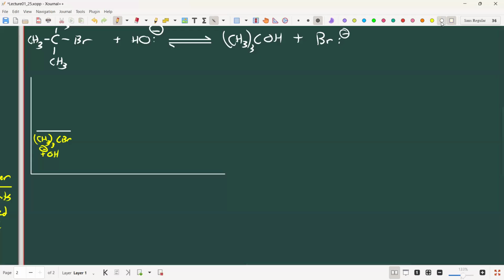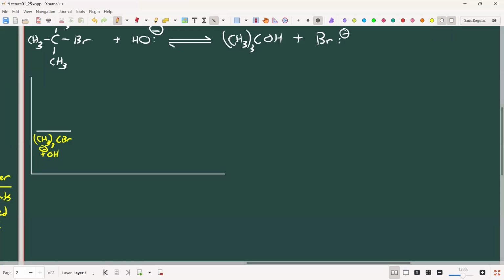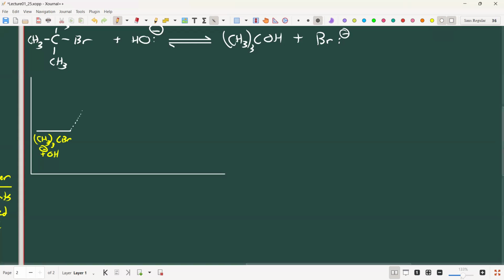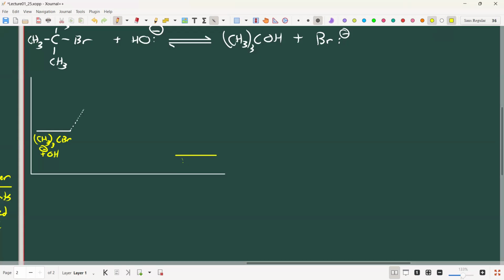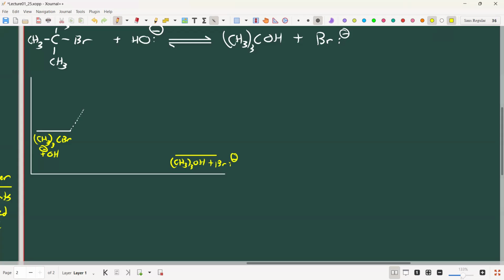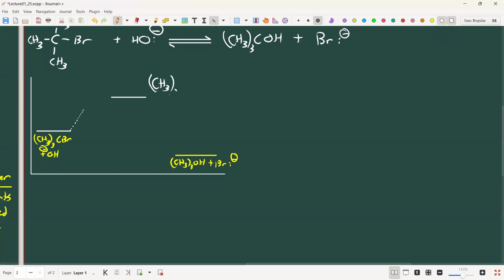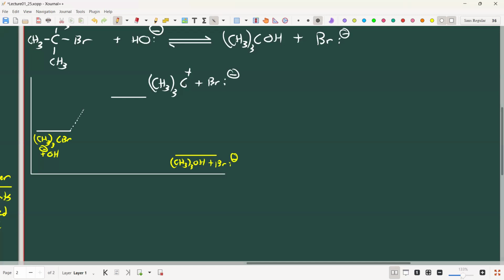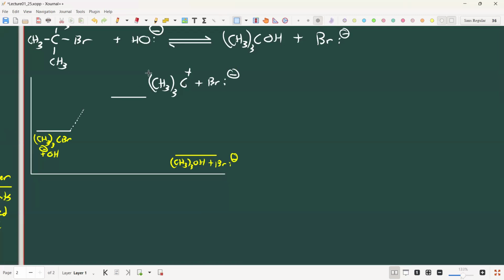And the way this reaction works is quite interesting. It turns out that we have some intermediate. Let me put the final state here. The final state is lower in energy, delta G less than 0. This is CH3 t-butyl alcohol plus bromide ion. And there's this intermediate state. We saw that the intermediate for this reaction is this CH3 C cation plus bromide ion.